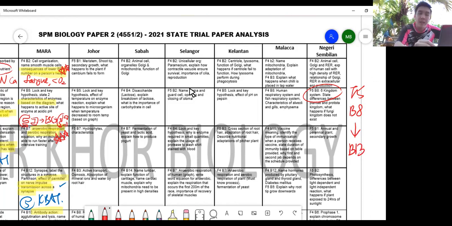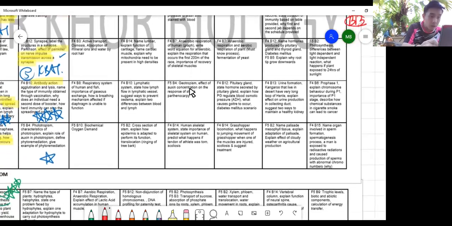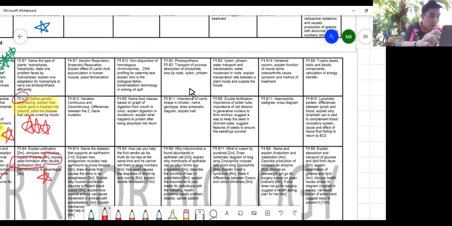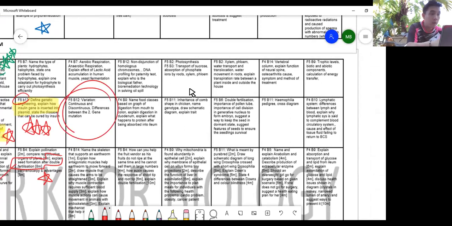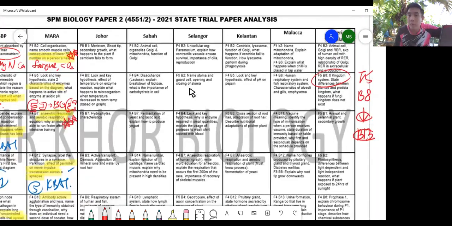Maybe a little bit of 13, a little bit of variation. Where there's a little bit of variation, I can tell you here: there's only one variation question, I mean the subtopic variation. So they rarely ask anything from Form 5, Chapter 8 to 13. Yeah, in my humble opinion.